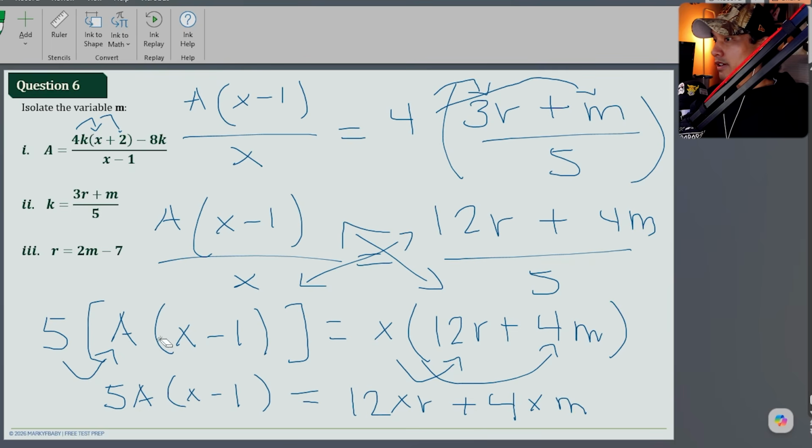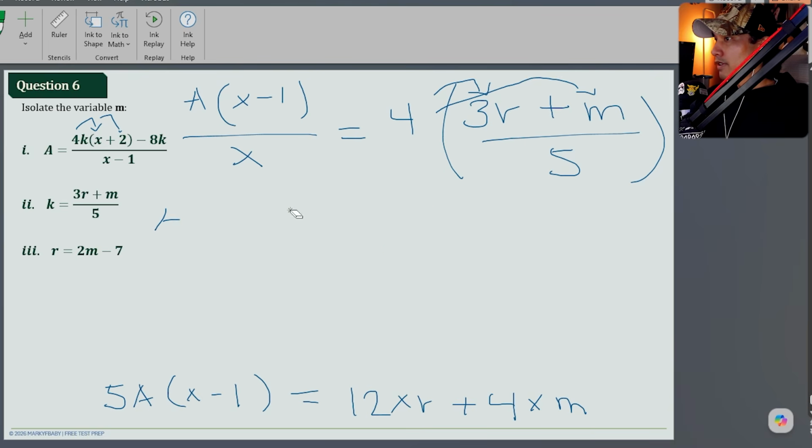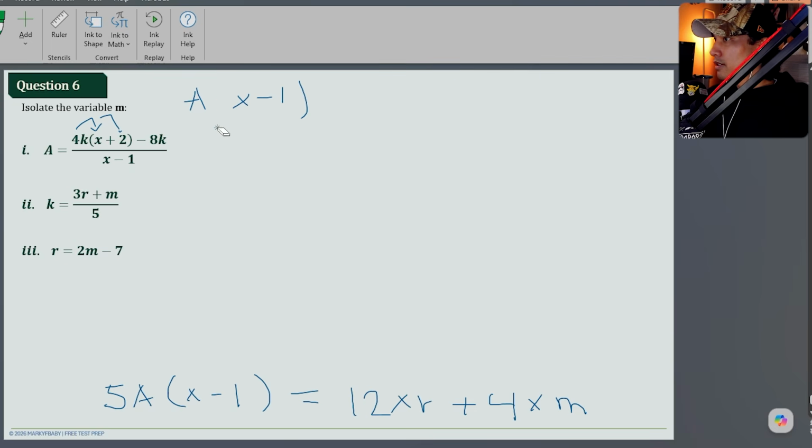And now what I'm going to do is plug in the equation into r.